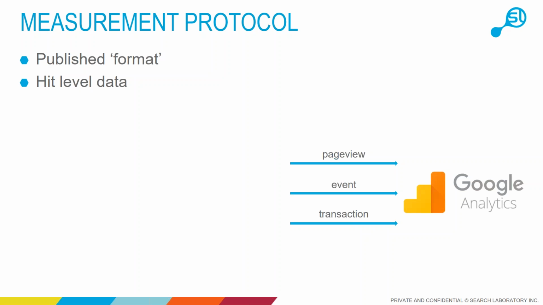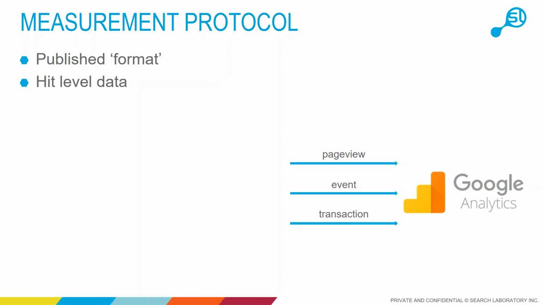So what is the measurement protocol? The measurement protocol is a published format for pushing hit level data into Google Analytics. If you install your regular tracking script on every page of your website, Google Analytics have written a JavaScript library that collects lots of information about what's going on, where you've come from, what the source of your visit is, and it pushes this information from the website into Google Analytics, and it does that using its own measurement protocol.